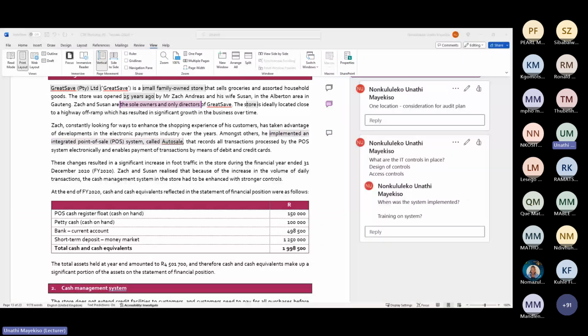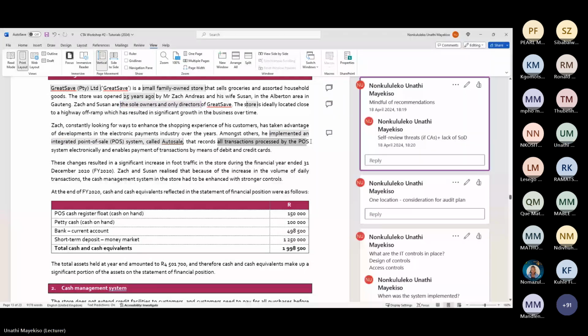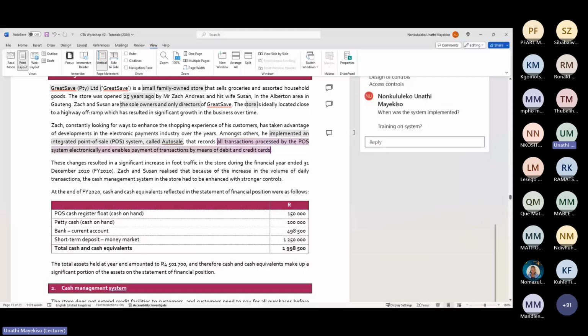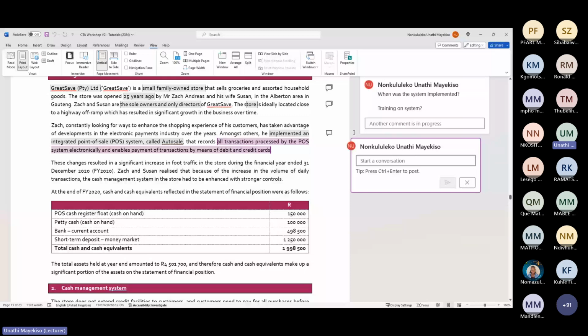So I think I would want to know that the transactions being recorded by the point of sale system, which also enables payments by means of debit and credit cards, how are these being transferred into the accounting system? Because a point of sale system is not an accounting system. And what are the controls around that?